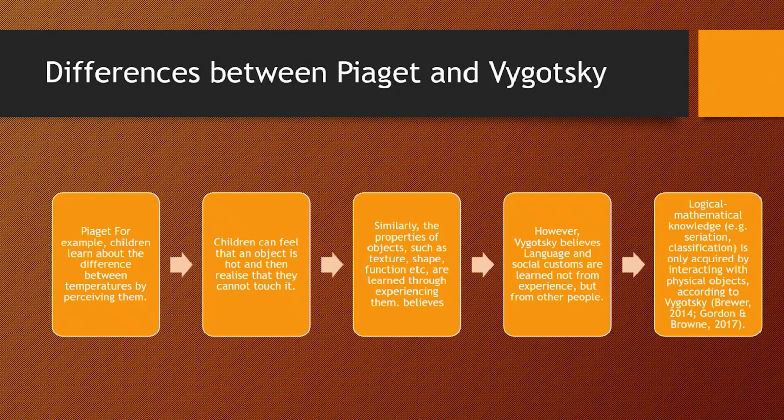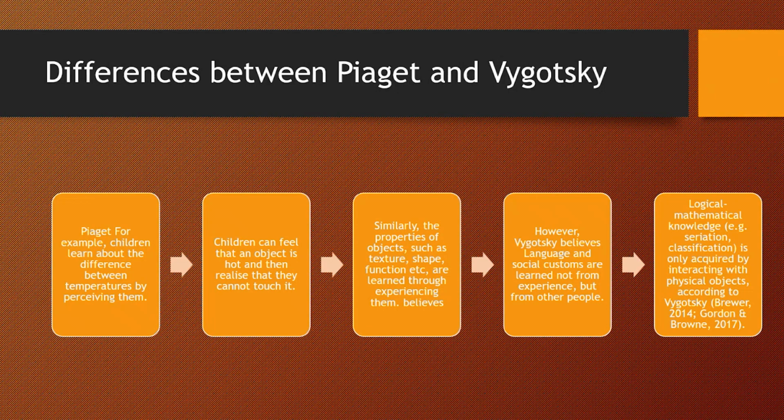Similarly, the properties of objects, such as texture, shape, function, etc., are learned through experiencing them. This is their belief. However, Vygotsky, on the other hand, believes that language is the main tool for children to develop. This is developed through social customs, and they are learned not from experiences, but from other people.